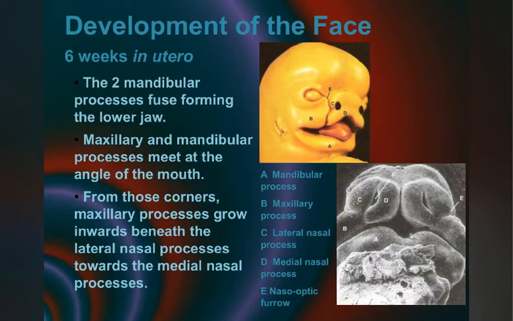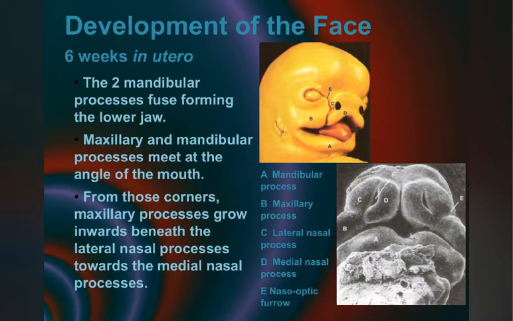Now we move to the next stage, which is week 6 in utero human embryo. You see here there is a quick or rapid development taking place during the early weeks of embryonic development.